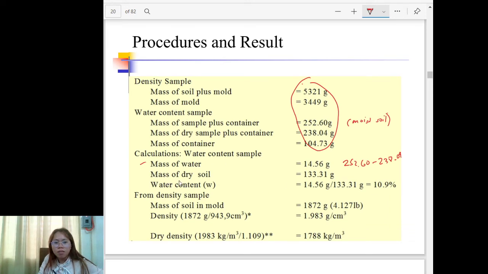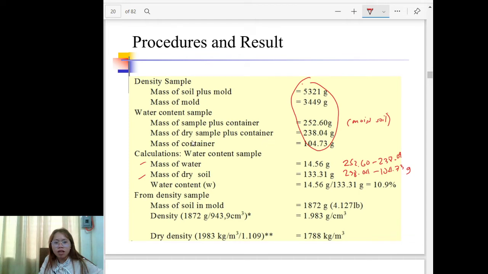The mass of dry soil is equal to 238.04 minus 104.73 grams, because we have here the given mass of dry sample plus container.